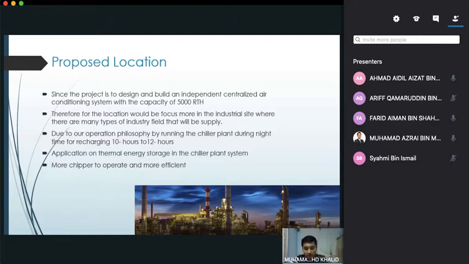This is because during the night time, we can reduce the operation cost, like the electricity consumption to run the chiller. And also because during the night time, the temperature is lower and it makes the operation high efficiency. We move on to the next slide.